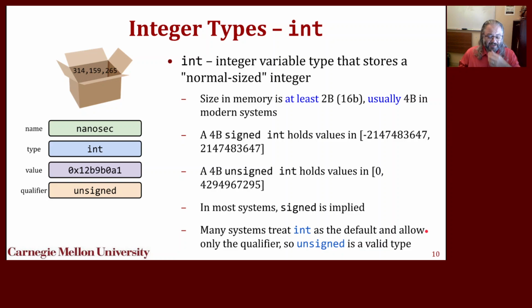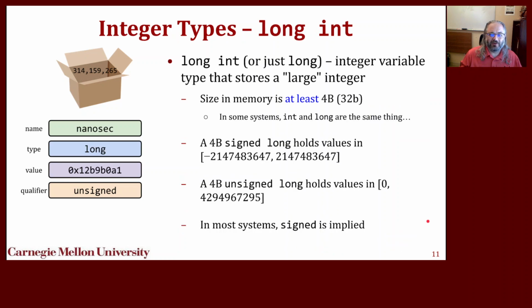In some cases, we actually need integers that are larger than 32 bits. So C also supports what is called a long int. And this is defined as being a large integer. The specification says in memory, a long int needs to be at least 4 bytes. Well, if we go back and look, int is already usually 4 bytes.